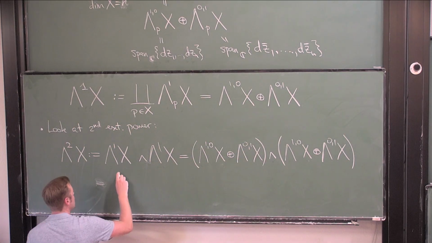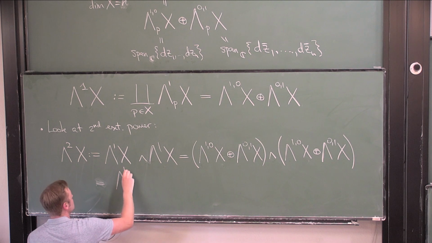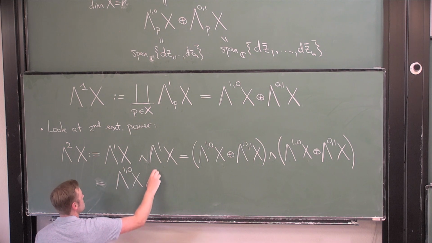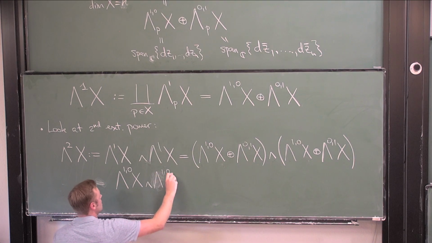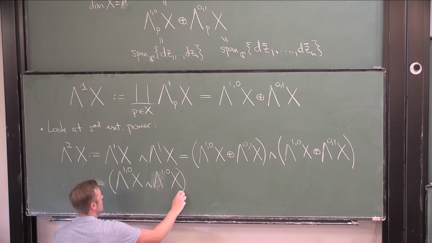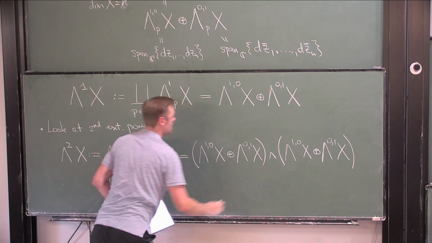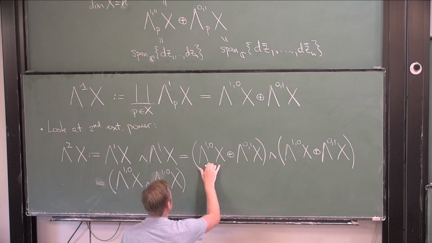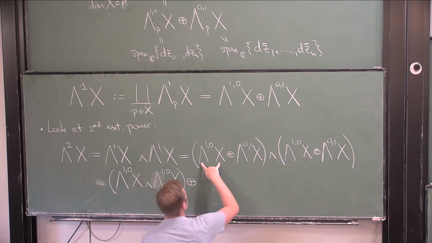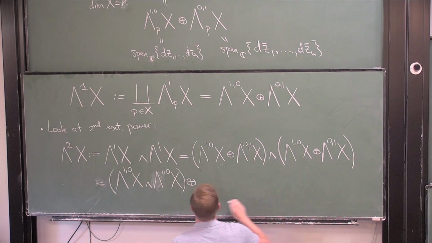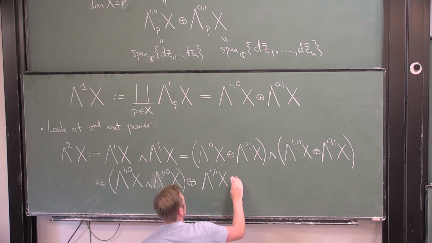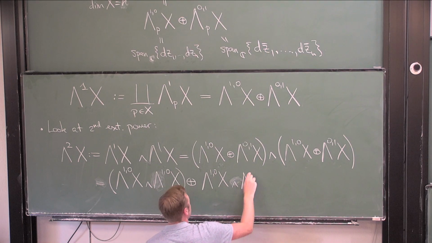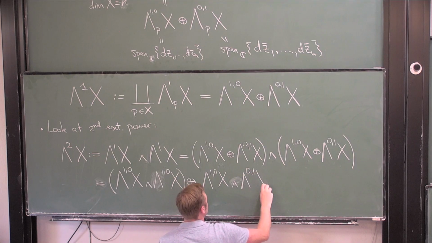So what we've got is lambda 1,0 of x wedge lambda 1,0 of x. That's the first term. Then the second term is lambda 1,0 of x wedge lambda 0,1 of x.